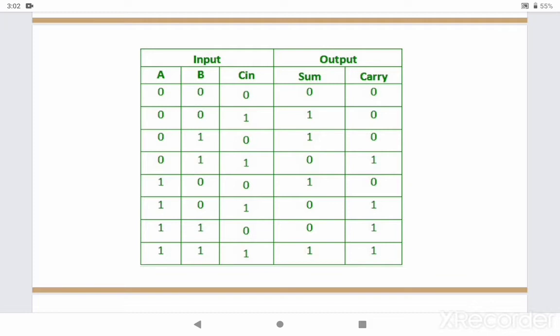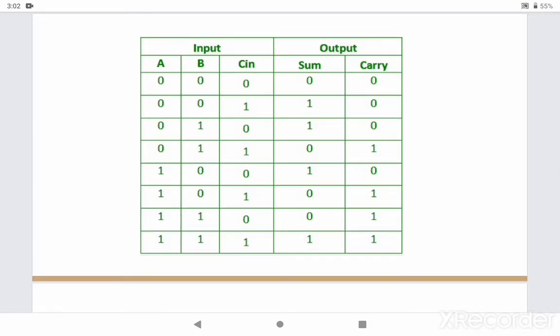Then 0 plus 0 plus 1, sum will be 1, carry will be 0. 0 plus 1 plus 0, 1 will be sum, 0 will be carry. 0 plus 1 plus 1: 1 plus 1 means 2. What is its binary equivalent? That is 1, 0. Then 0 will be under sum and 1 will go to the carry.